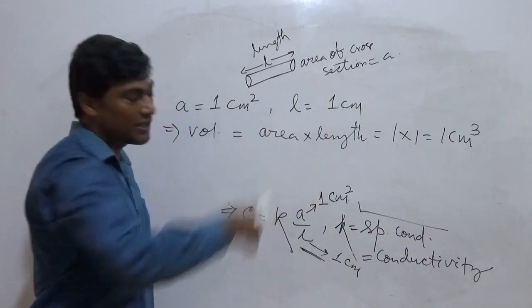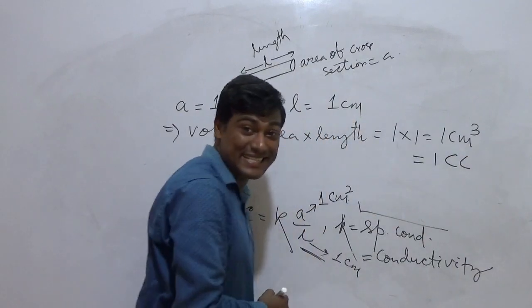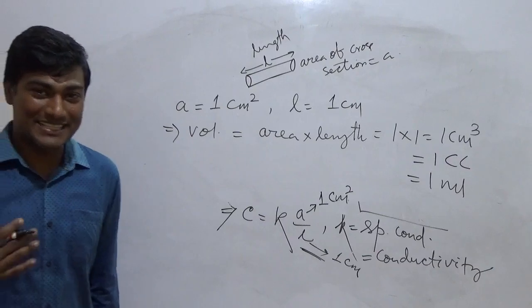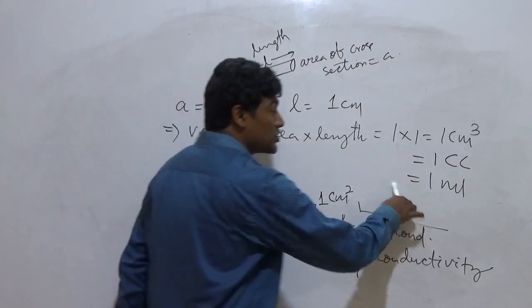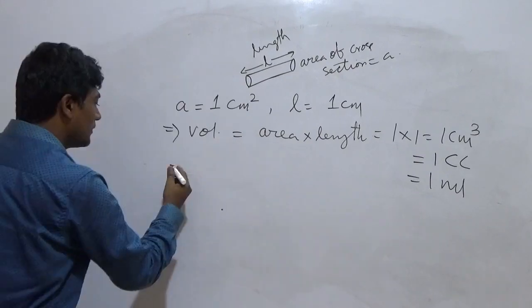Centimeter square times centimeter gives 1 centimeter cube, which is nothing but 1 cc, and 1 cc is nothing but 1 ml. So very simply, the conductance of 1 ml of solution is called the specific conductance.